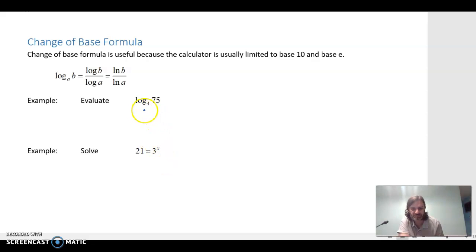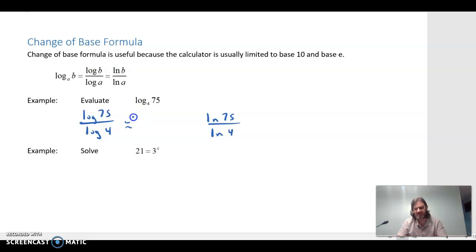So, in practice here, we're going to evaluate log base 4 of 75. So the a is 4, the b is 75. We could write this as log of 75 over log of 4, or we could write it as the natural log of 75 over the natural log of 4. Either way, we'll put it in our calculator, and let's see what it gives.